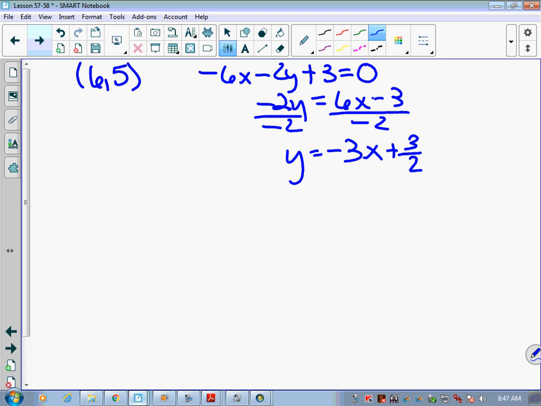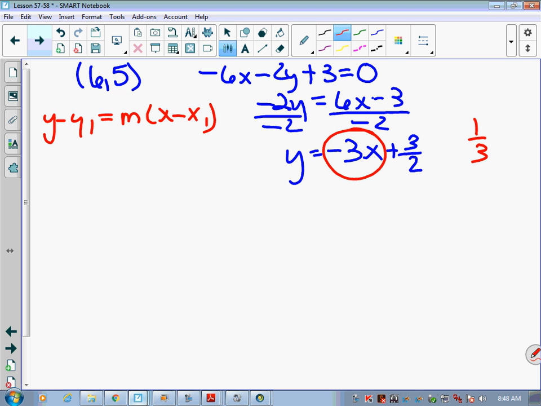All right, so what we want to do with this is that the shortest distance between a point not on a line is going to be a perpendicular line, right? So the first thing I'm going to do is look at this slope, and I'm going to need to use 1/3. But I need to find the equation of the line that uses 1/3 and this coordinate. So for that, we're going to do y minus y1 equals m times x minus x1.